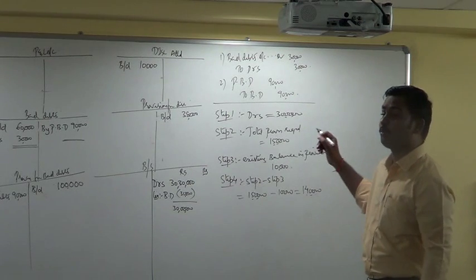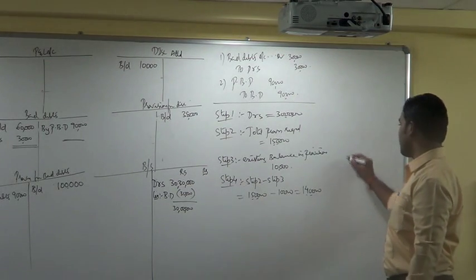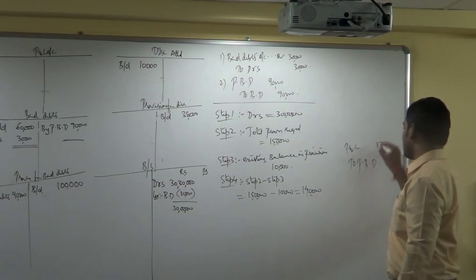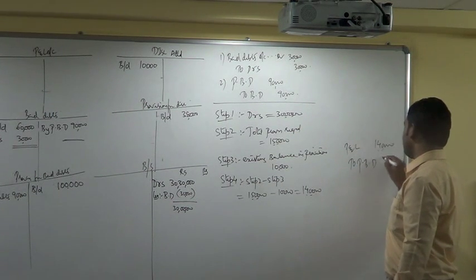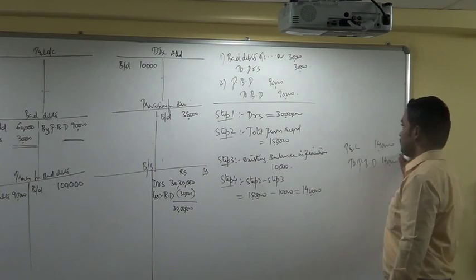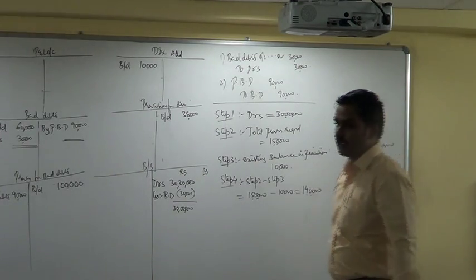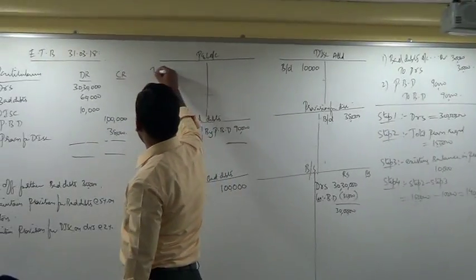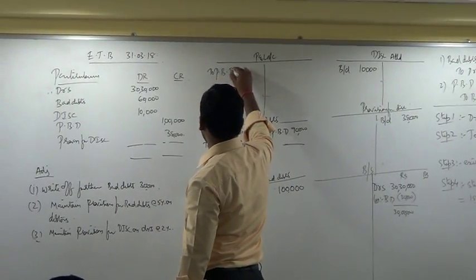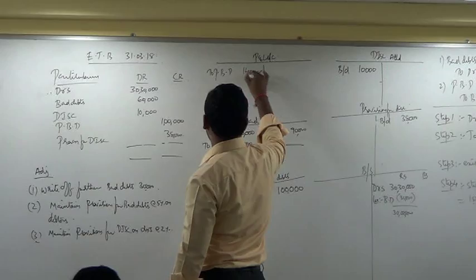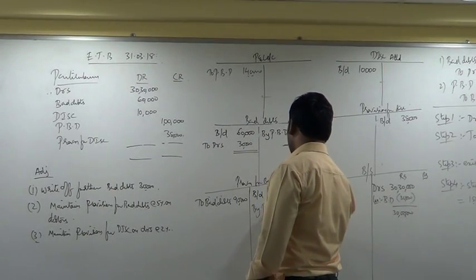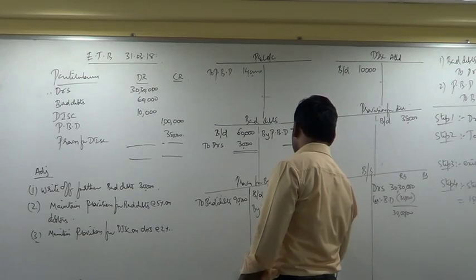P&L account debtor to provision for bad debts, 1,40,000. Give a posting: P&L account will be debited, to provision for bad debts 1,40,000. Provision for bad debts account, by P&L account 1,40,000.